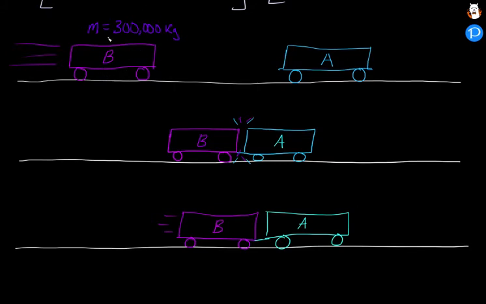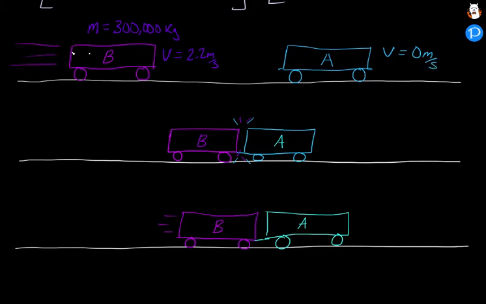And we'll say that the velocity of it is 2.2 meters per second. And for this guy over here, the mass will be the same thing, 300,000 kilograms, but this one is just at rest, so it's not moving, so 0 meters per second.